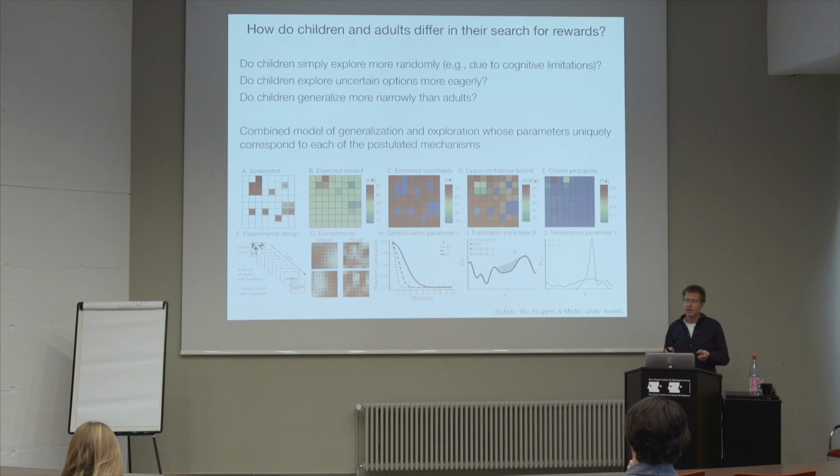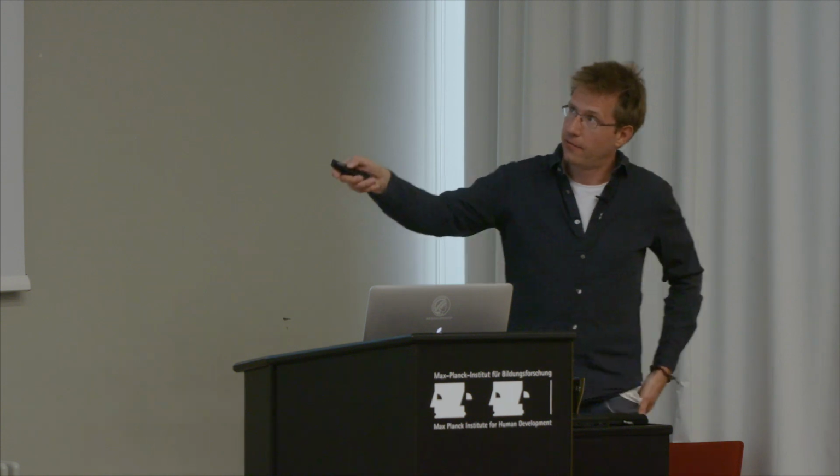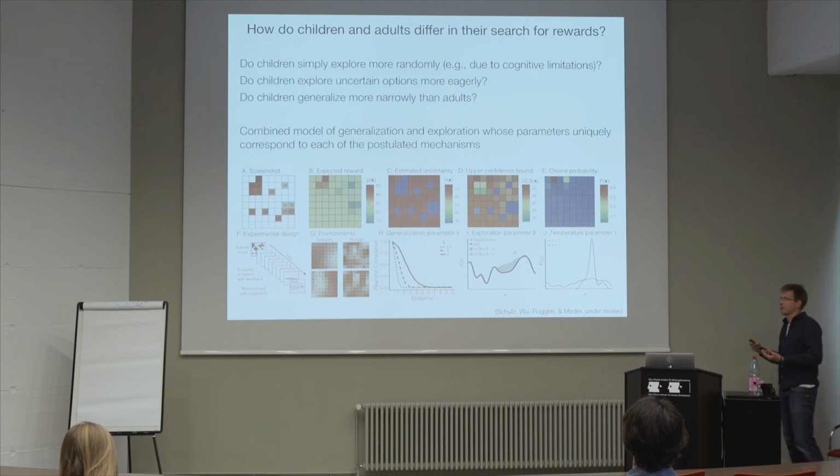And what we did in this study, and that's why I discussed the model before, is that we have parameter estimates that correspond to these mechanisms. On the one hand, for the generalization part, we have this lambda parameter, which tells us how much they generalize based on their experience about the structure of the environment.